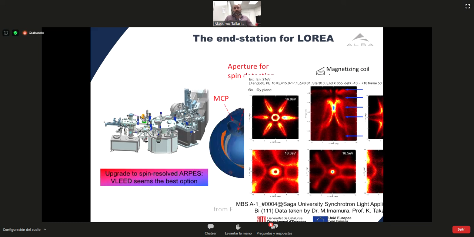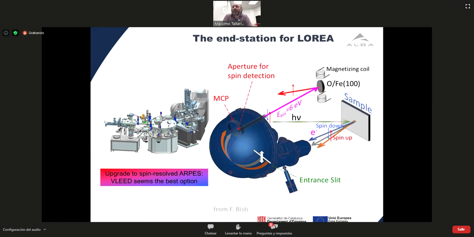Then what we are already organizing is the upgrade with a spin detector. So here we still have this movable slit, and then the electrons go partly to the MCP, and part are manipulated into a spin detector that is a VLEED.